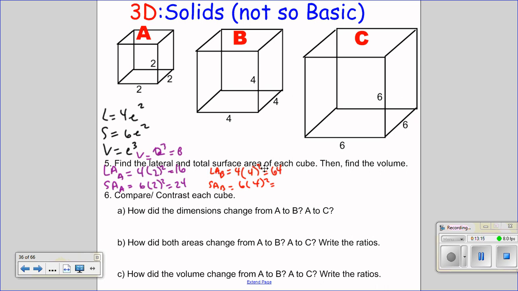I believe it's 72. No, 96. My bad. And then the volume would be 4 to the third power, which is 16 times 4, which is 64 again.